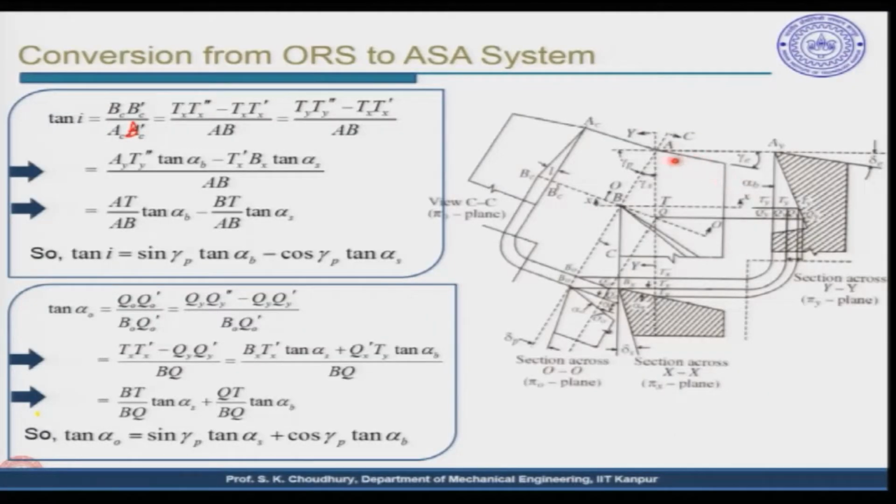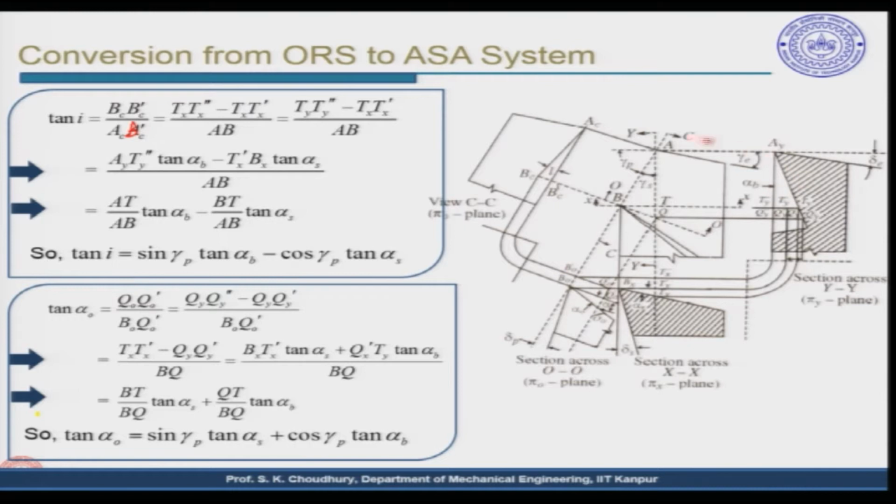So we said that the conversion from one system to another is not so difficult, and we have shown this. If you look at this system, for example, what we have shown here is the base plane, and we have made all the views and the sectional views of the ASA system and the ORS system.